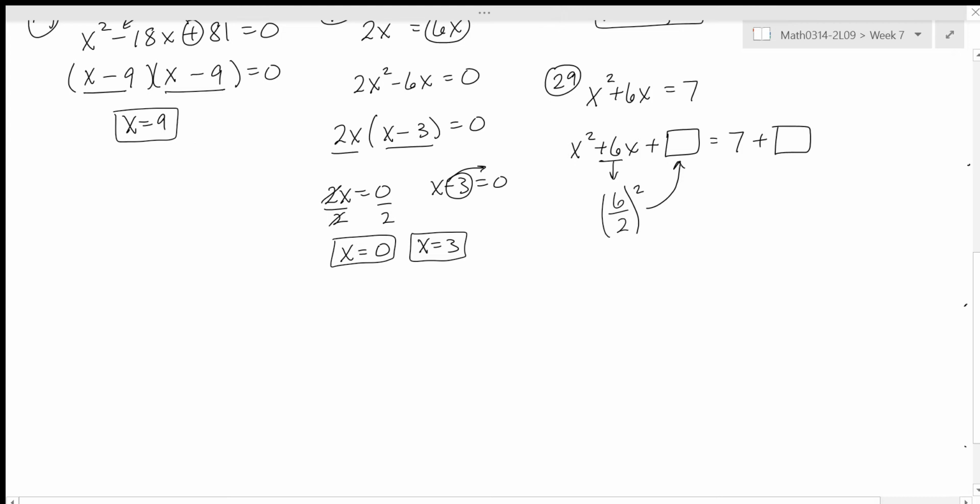So the process of completing the square says you take half of the coefficient of x and then square it. So half of 6, 3 squared, bam, and there's the special number. And whatever I do to one side, I have to do to the other. So we're going to put a +9 on both sides.